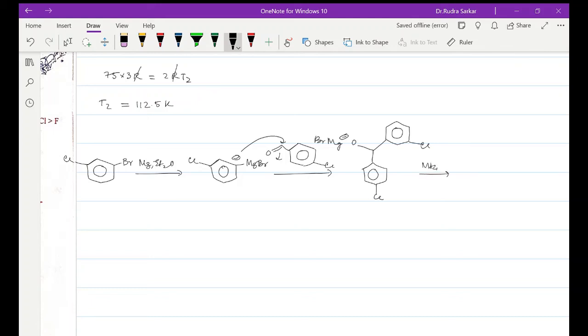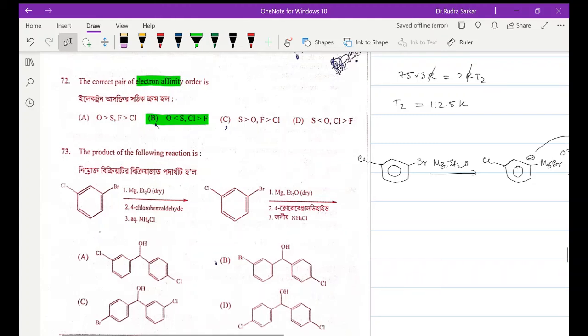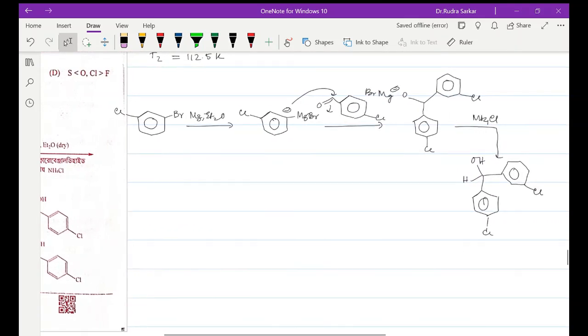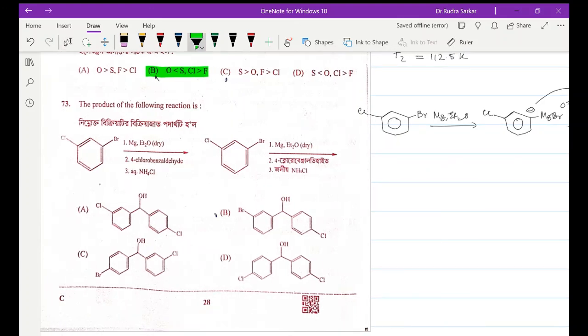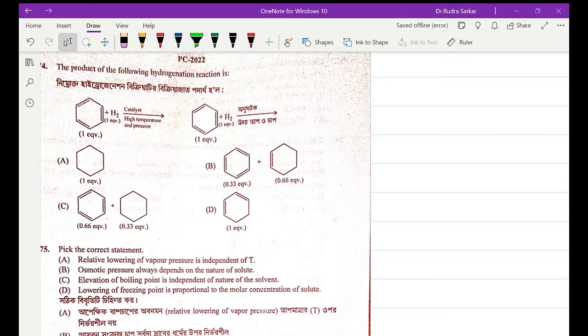And then if you use NH4Cl, okay, so we will have this one, A. The product of the following hydrogenation reaction is going to be, since they're using one equivalent of hydrogen, then our answer is going to be D.